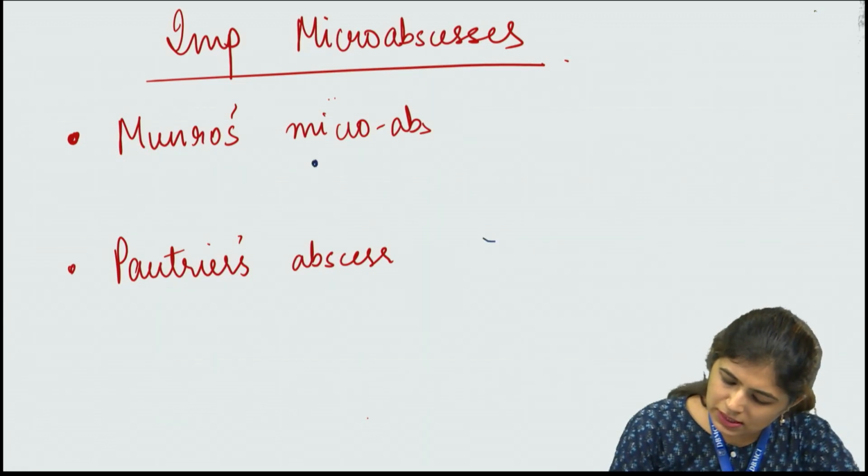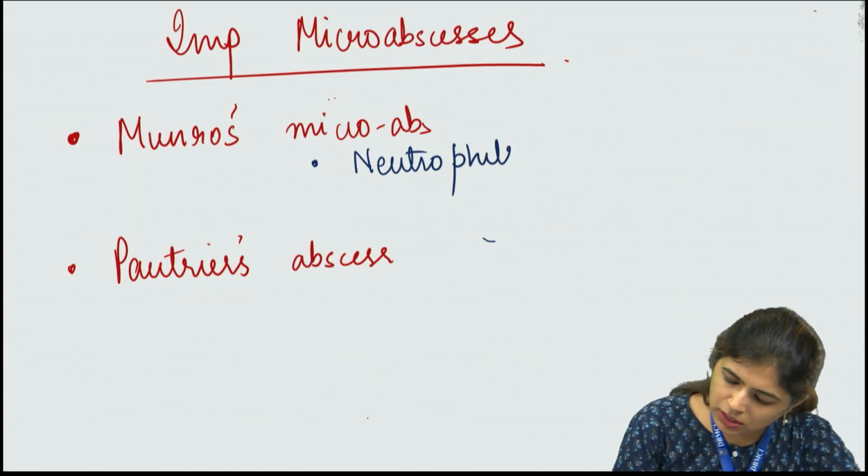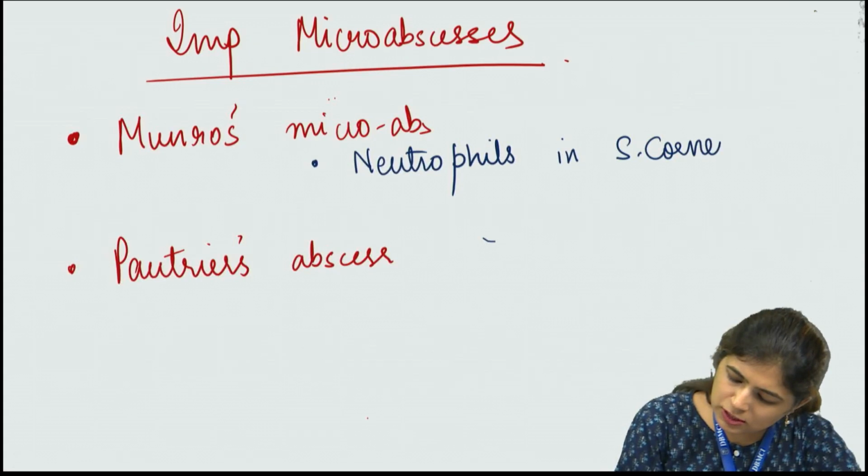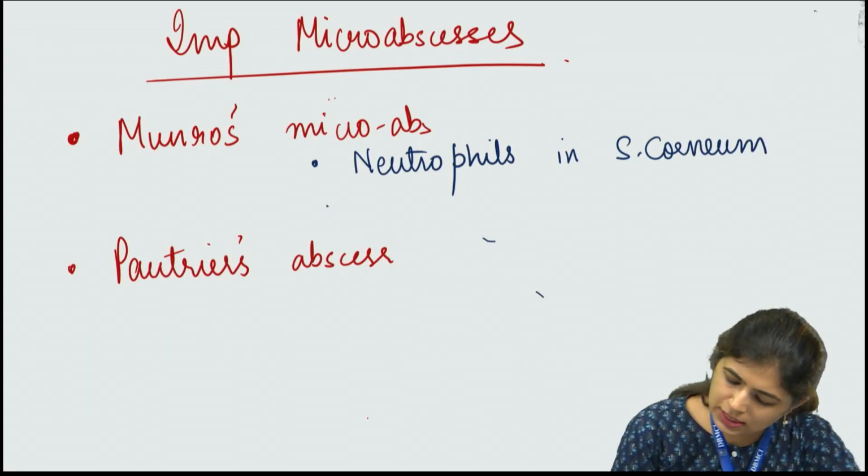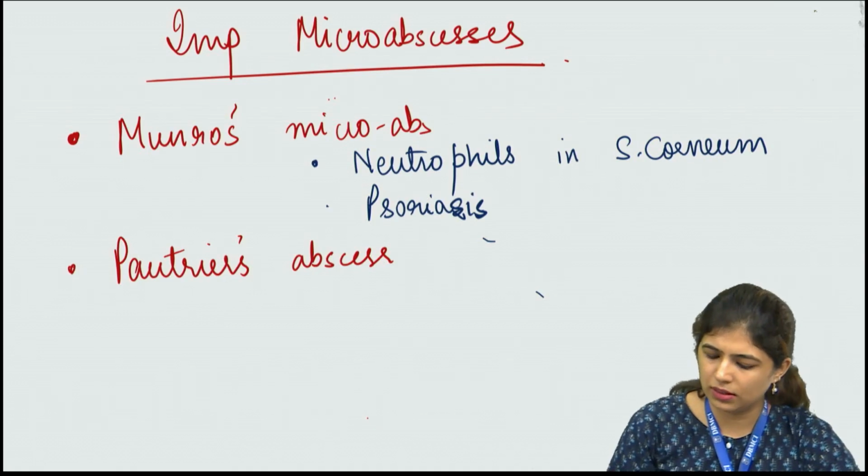Munro's micro-abscess is a collection of neutrophils in the stratum corneum seen in patients of psoriasis.